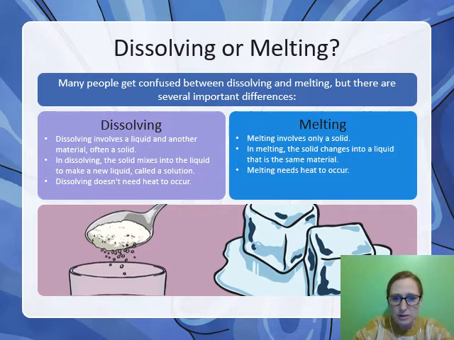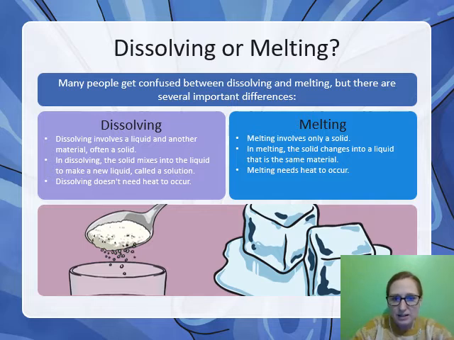I remember when we were doing that, we could tell the difference sometimes, couldn't we, when the solution had been formed. Dissolving doesn't need heat to occur, which can be a little bit confusing, because the cup of tea in the previous example would have been hot, but even if it was cold, the sugar still would have disappeared. It has nothing to do with the heat of the cup of tea.